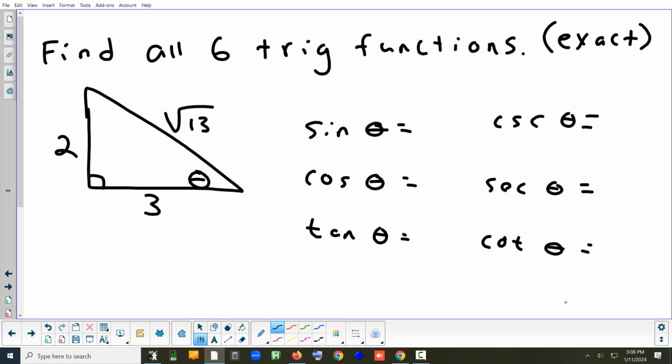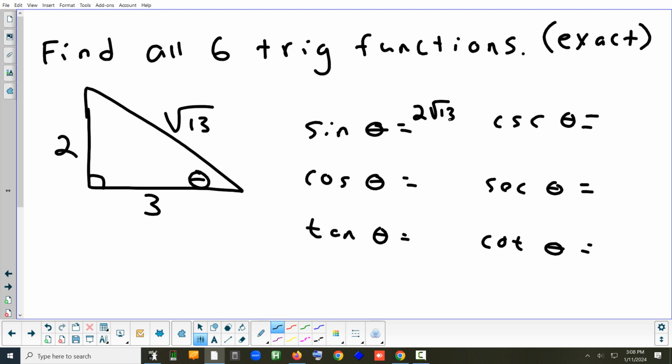Let's start with the sine. Using our diagram, what's the sine of theta? Two square root of 13 over 13.